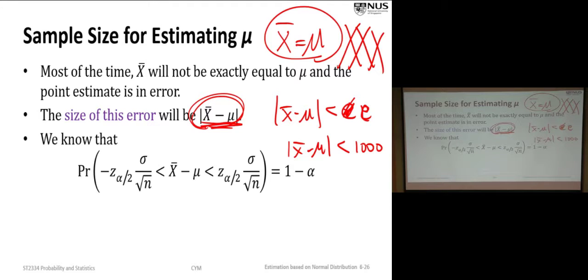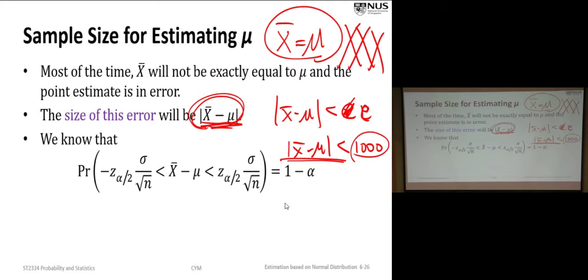In fact, theoretically speaking, x bar ranges from minus infinity up to infinity. It behaves like a normal distribution with center at mu, with standard deviation or standard error sigma over root n. So what I'm trying to say is we don't expect it to always be within a certain limit.